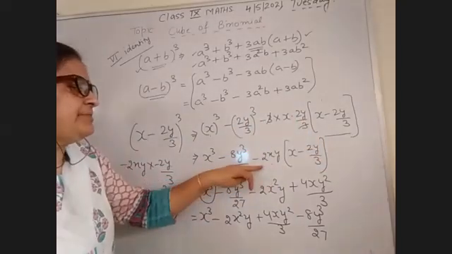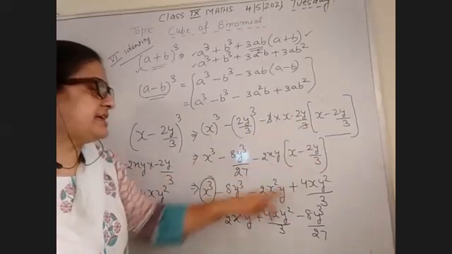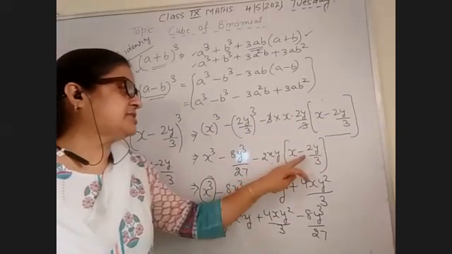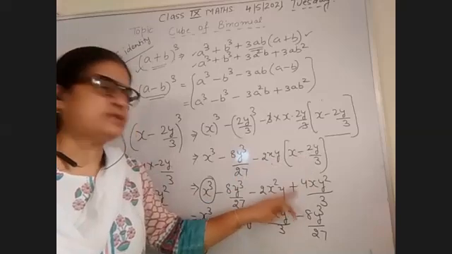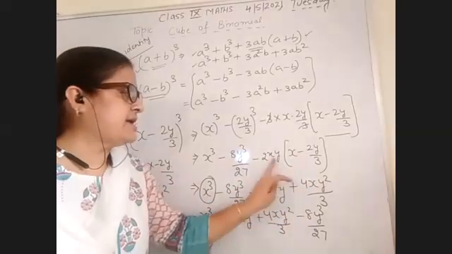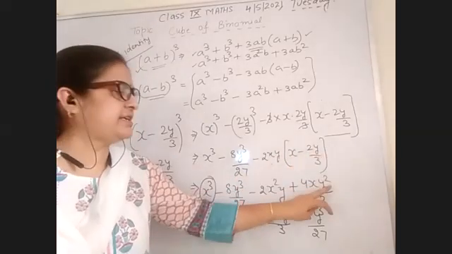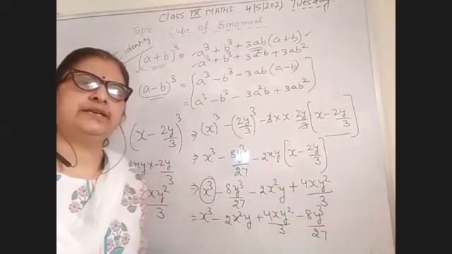When you multiply minus 2xy with x, it is equal to minus 2x square y, and minus minus is equal to plus, 2 twos are 4, x remains the same, and when you multiply y with y, it equals y square upon 3.